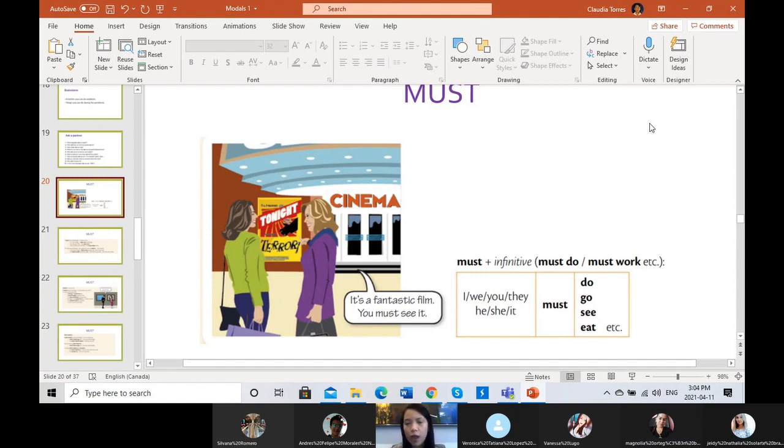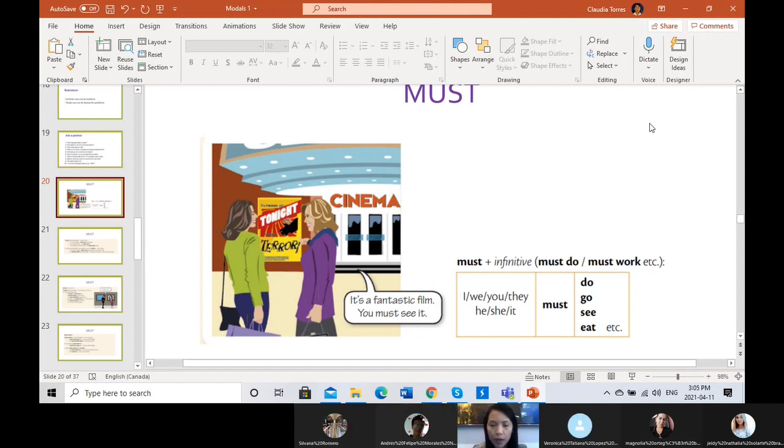And here you have a chart with the grammar structure. The subject goes first: I, we, they, you, and also it could be a noun like my mother, my father, things like that, right? And after we write must, which is the modal verb, and after must, we write the base form of the verb.